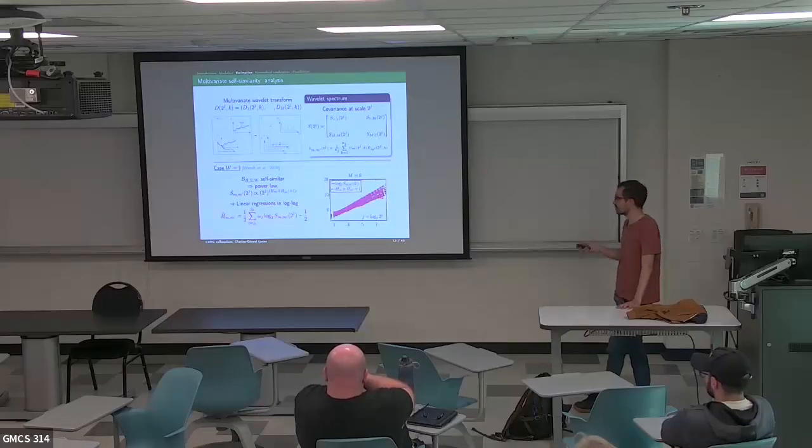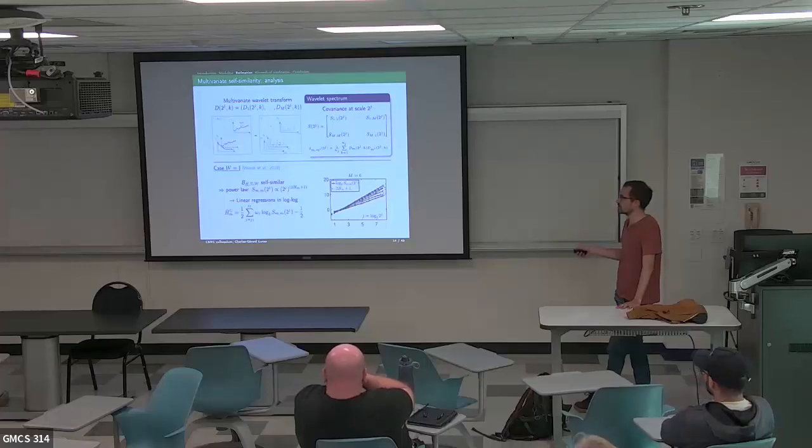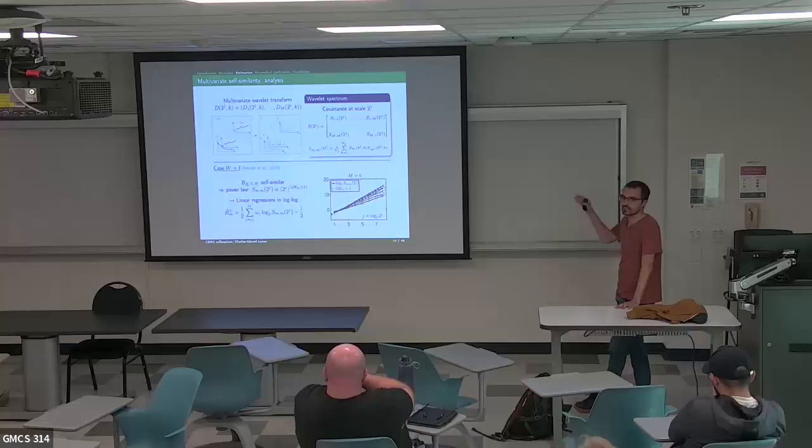So in particular, we can just consider the diagonal coefficients of the wavelet spectrum. We'll have m power law behaviors in the log-log diagram, m linear functions, and each linear regression will provide an estimate of the parameter H_n.